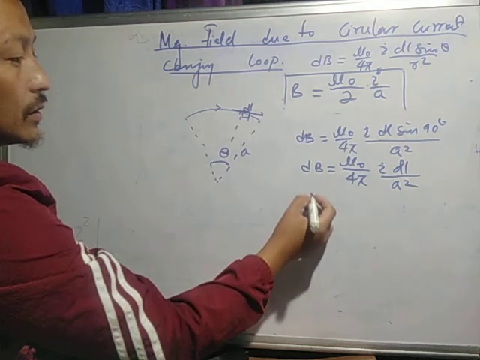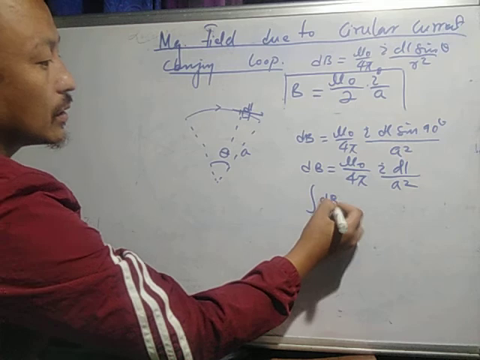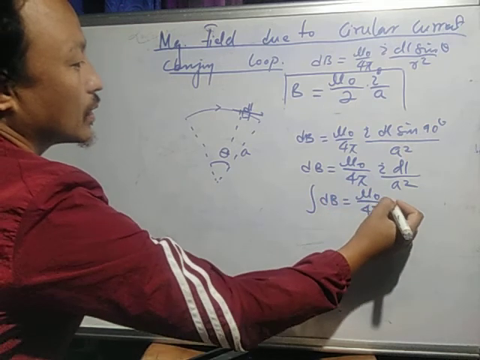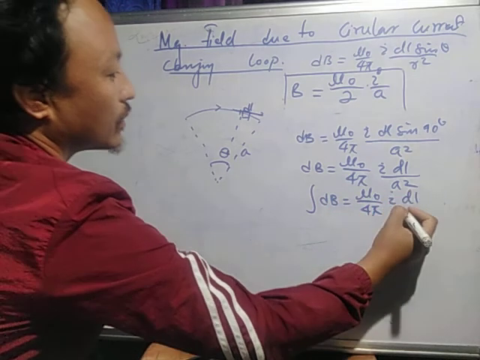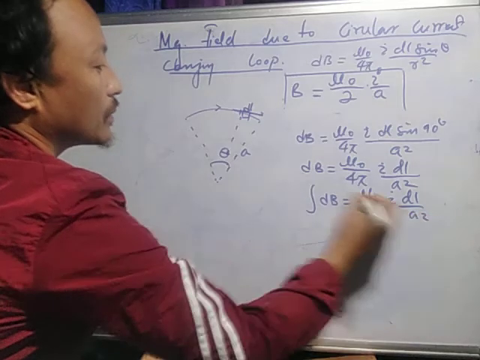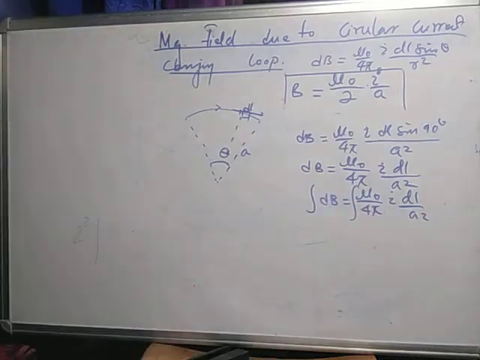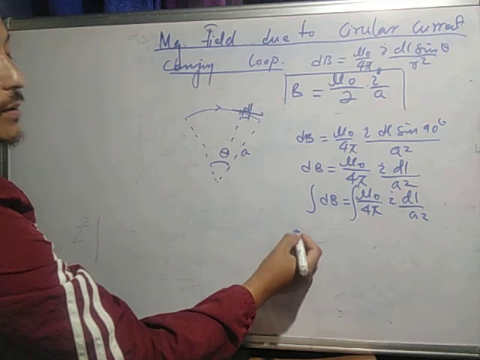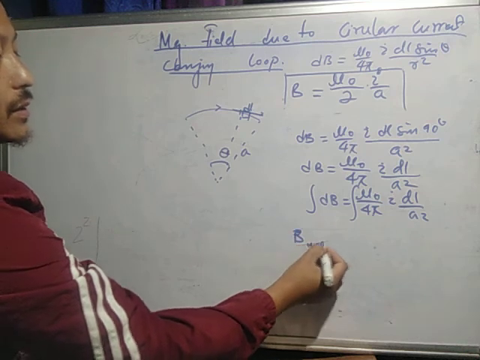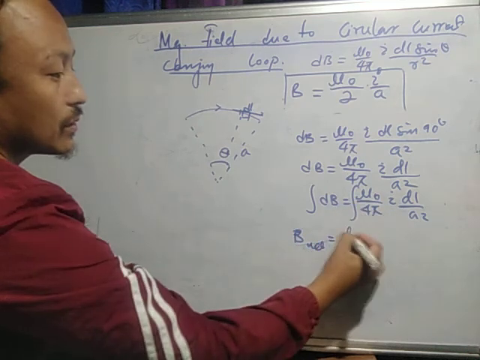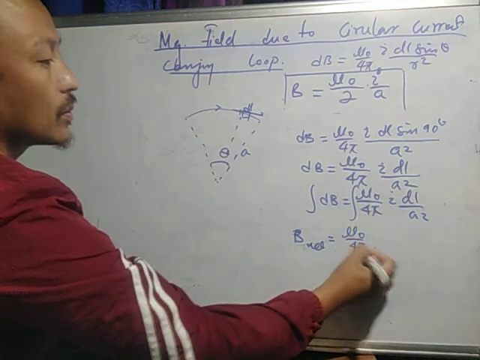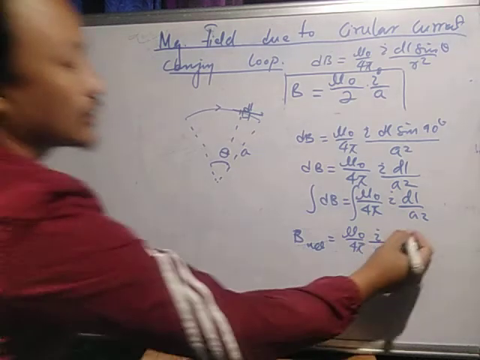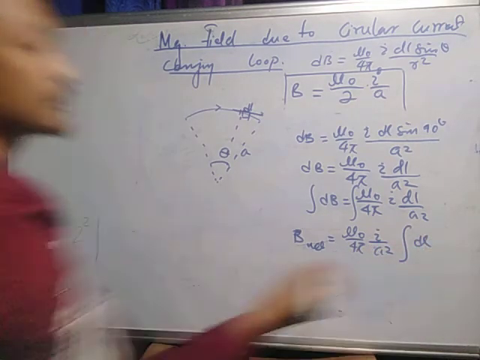So integrate dB equals to mu naught by 4 pi I dl by a square, and dl also has to be integrated. Right. So dB equals to B net. Okay, you can write B net equals to, taking the constants outside, mu naught by 4 pi I by a square, and this should be dl.